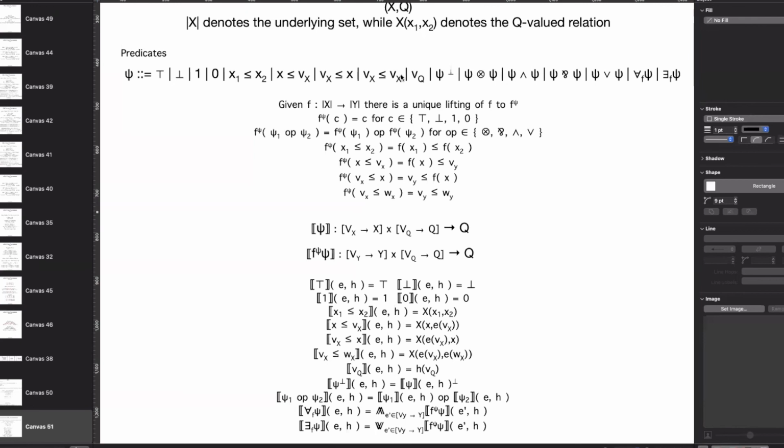When we say the elements of the underlying set, absolute value X, they are related, right? Oh, I'm thinking about normal set theory, where we don't need to say anything. In normal sets, yeah, you don't have anything like this. You do have a notion of relationship, but it's different, it's not necessary.